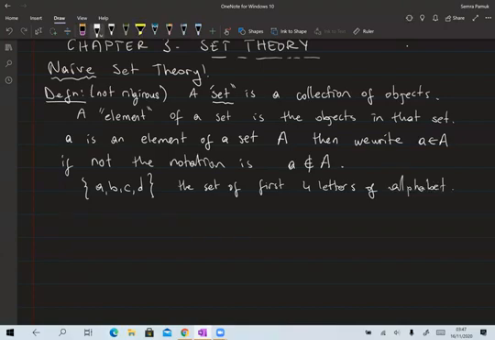Or what else? The set of 1, 2, 3, 4, 5, let's say. You can list them. This way you can represent some of the sets.